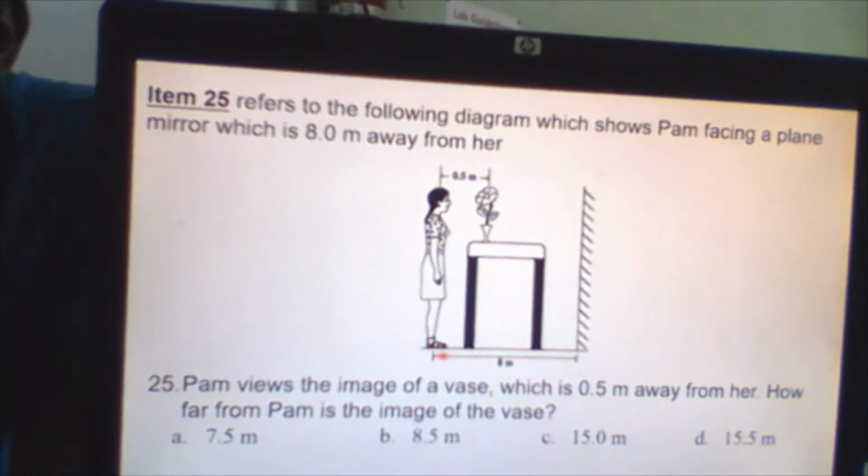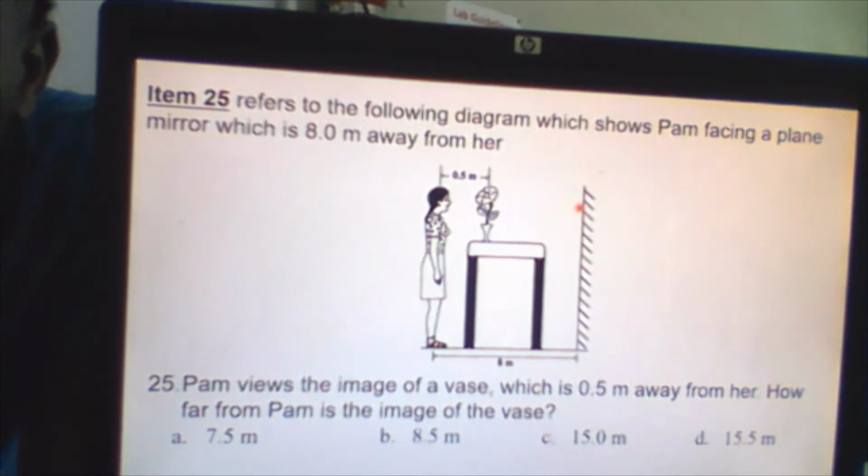Now the vase is 0.5 meters from Pam. But if she looks into the mirror, the distance of the vase from the mirror is the balance here, which is 7.5, and then it is another 7.5 behind the mirror, plus the 0.5 meters away from Pam.